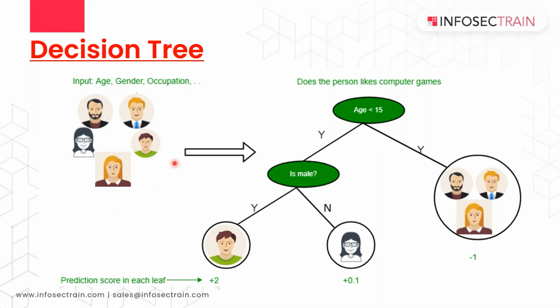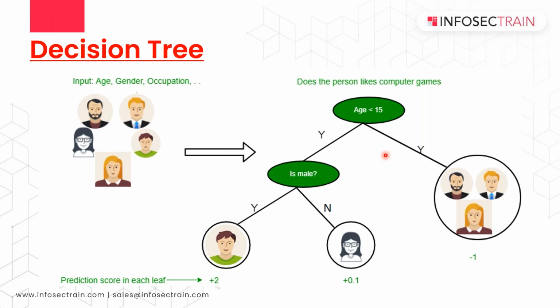You have the data of multiple persons you checked with, like their age, their gender, their occupation. Depending upon these different inputs, these features, we are asking questions. This is a question-based model.